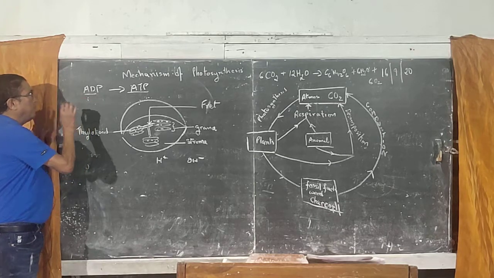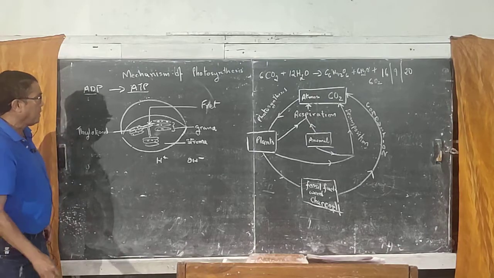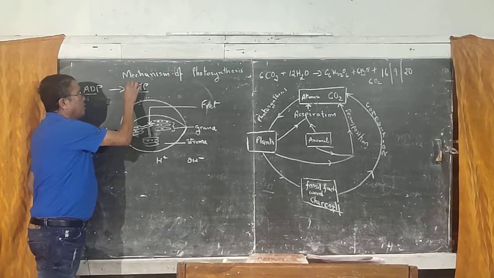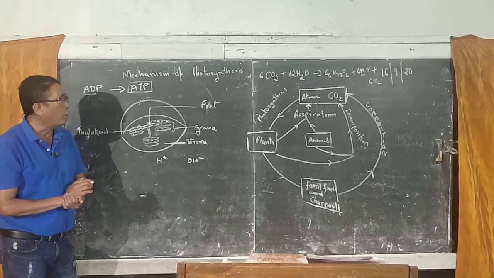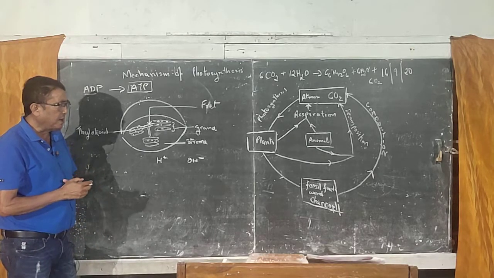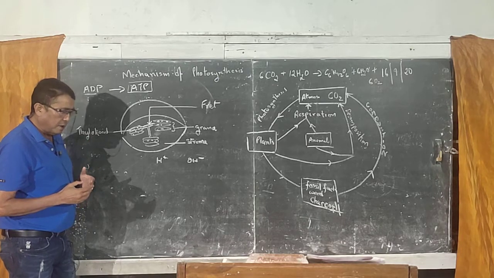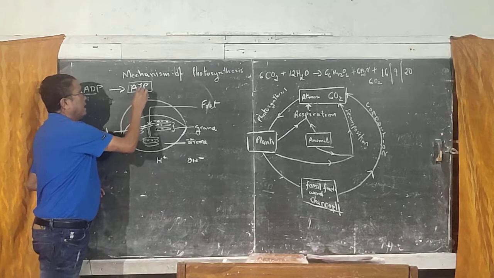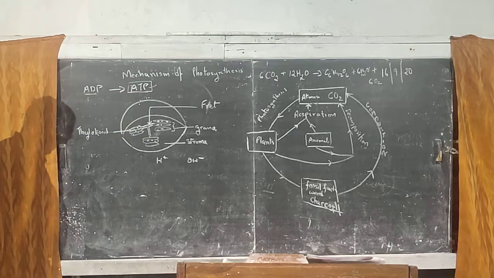The full form of ADP is adenosine diphosphate and ATP is adenosine triphosphate. This ATP is also called the energy currency of our body because all the energy required by our body is stored and supplied by the ATP.